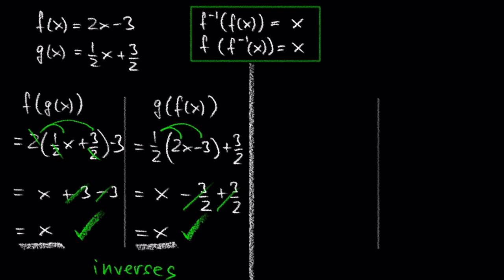Let's look at the next example. f of x equals 2x minus 6 and g of x equals 1/2 times x minus 3.